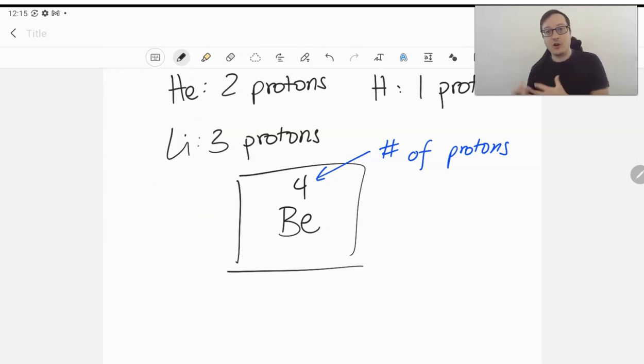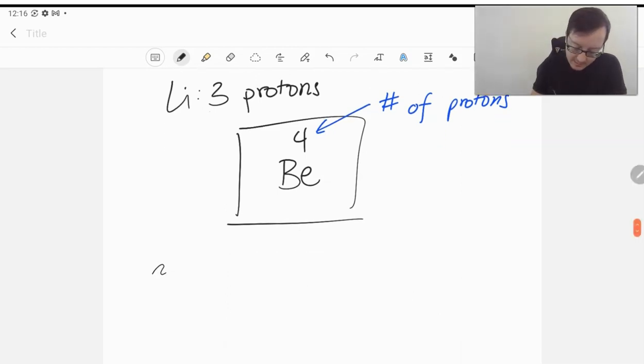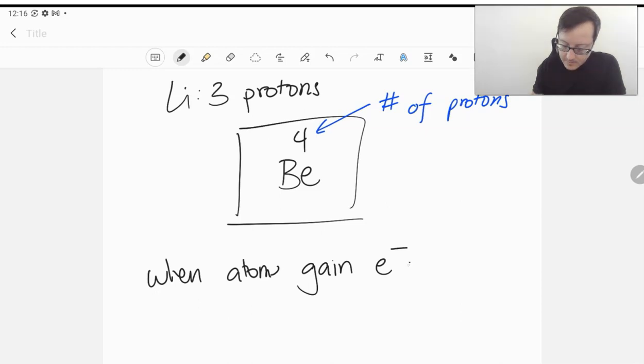Electrons, which are the other charged subatomic particle, can move relatively easily. And in fact, we're going to see the majority of chemistry as we know it happens as electrons move from one atom to another. So when atoms gain electrons, and remember that electrons are negatively charged, getting more of them means you're adding more negative charges to your atom.